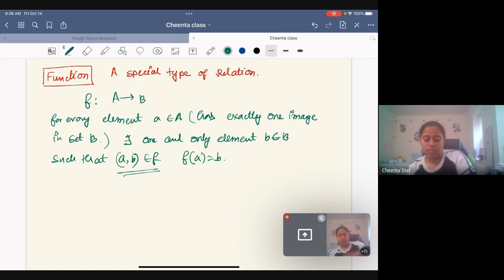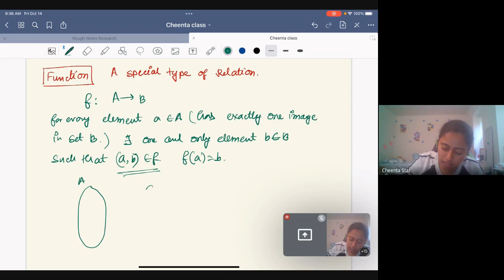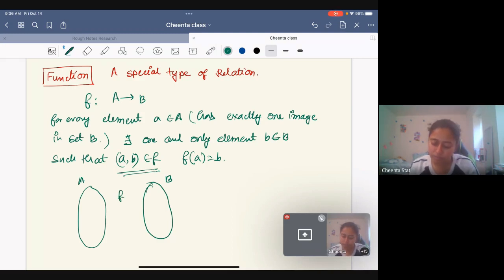Okay. So what does it mean? You have a set A, you have a set B, and you are trying to define a function F in between them. So for every element in A, there exists only one unique element in B. Like A can go from this element to this element, then none other element in A can go to it, yes.